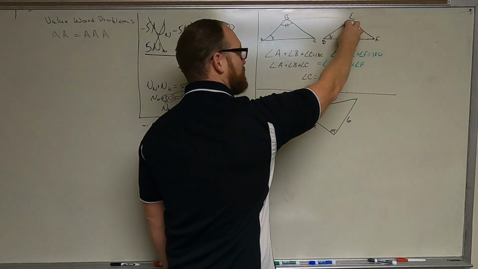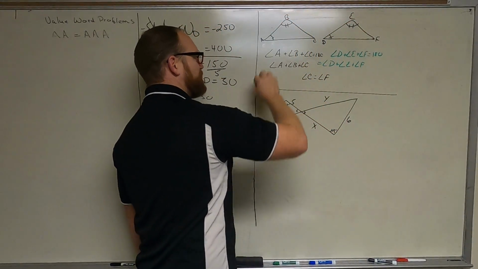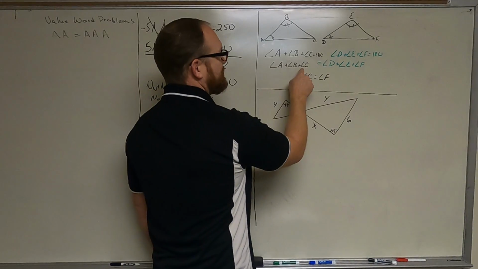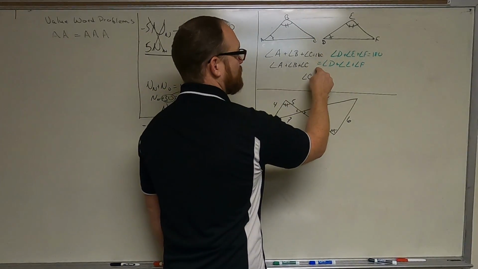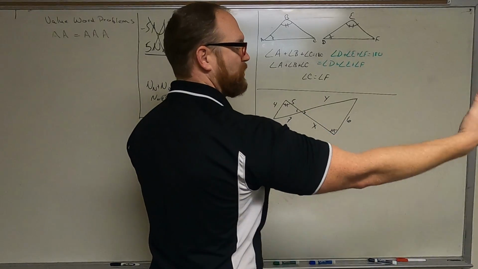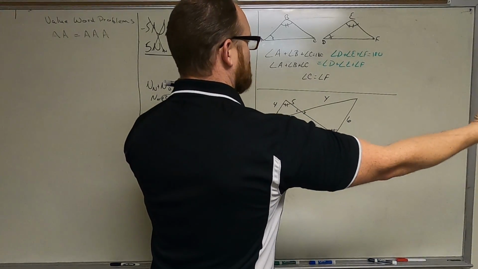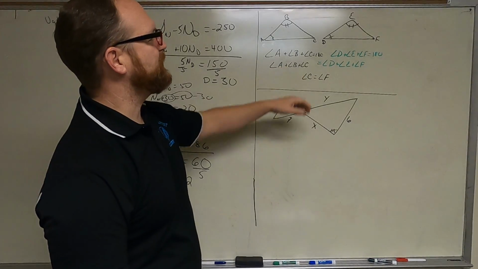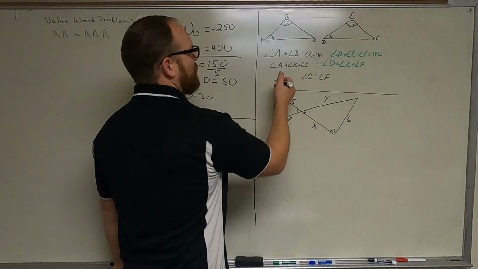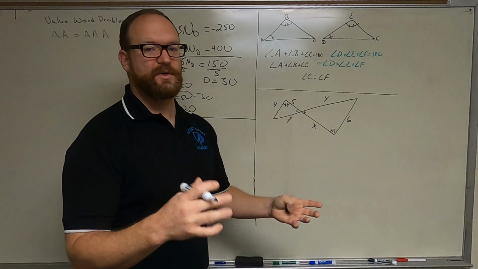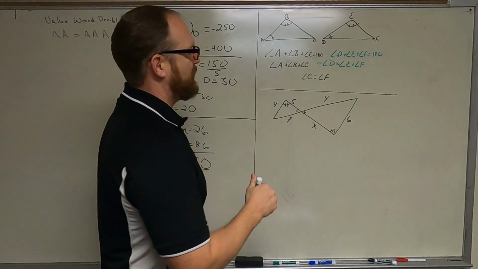Now, if everything in here equals 180, everything in here equals 180, then we could say that angle ABC is equal to angle DEF, because they all equal 180. That's just the way that works. Okay, and remember on an equation, if we have the same value on both sides, we can cancel that value.